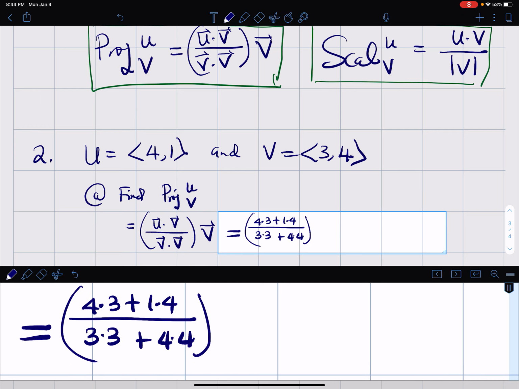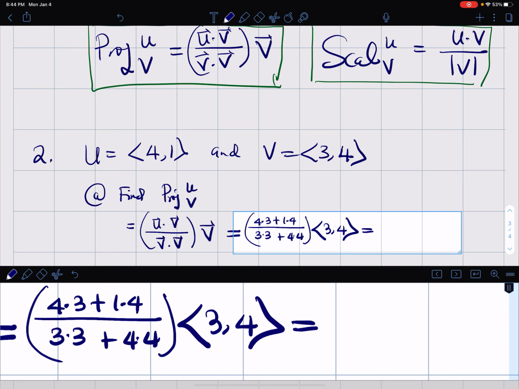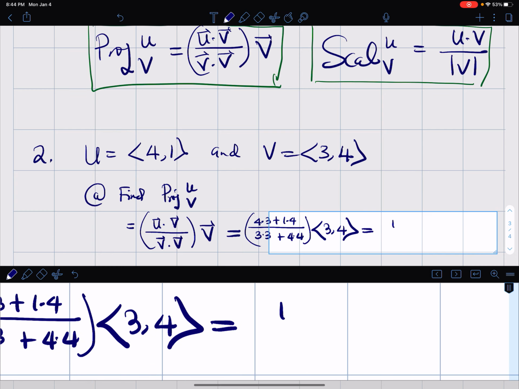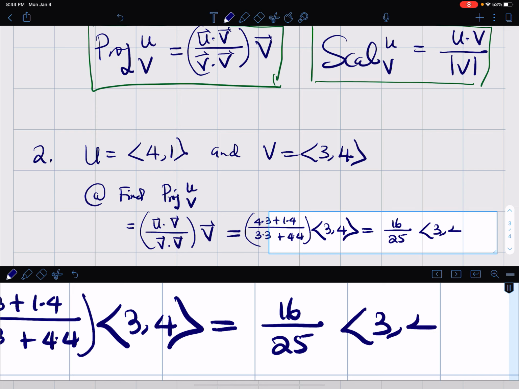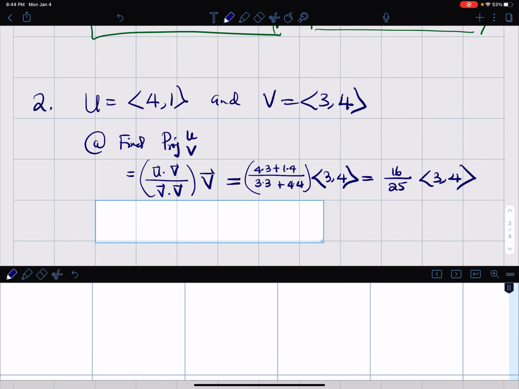And then we're going to multiply it by V. V is (3, 4). So this is going to end up being 16 over 25, times (3, 4). Okay. So that's the projection.